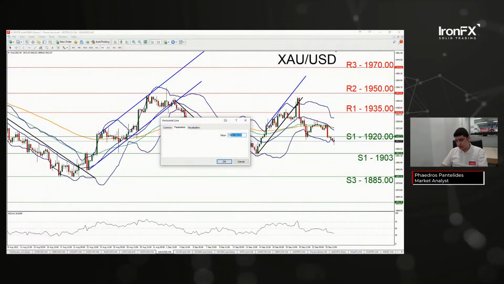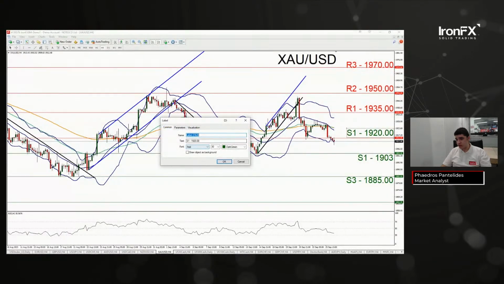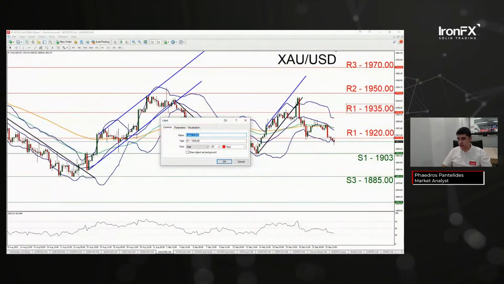This would be support now turned resistance, so this would be my new R1. R2 at the 1,935 level. And we have S3 already at the 1,865 level, which was a prior support level. Let's switch this to R2 and then R3.